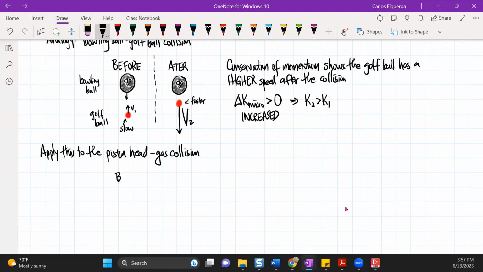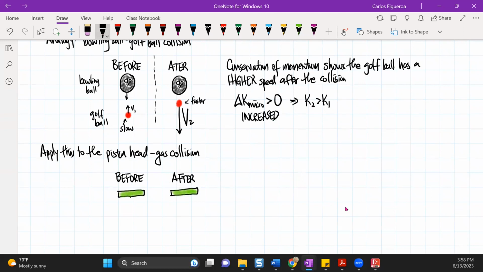Because if I look at beforehand and afterwards, the piston head is way more massive than the golf ball, than the gas particle. It's enormously bigger.